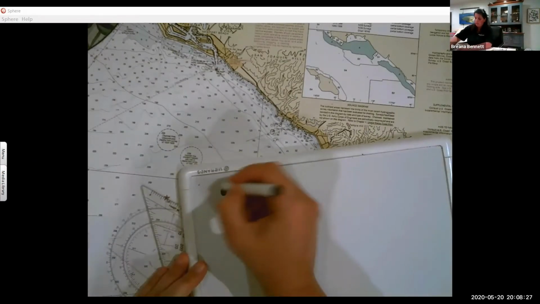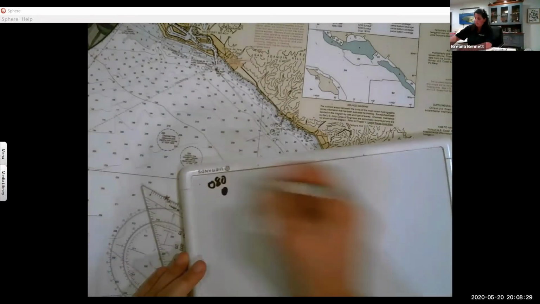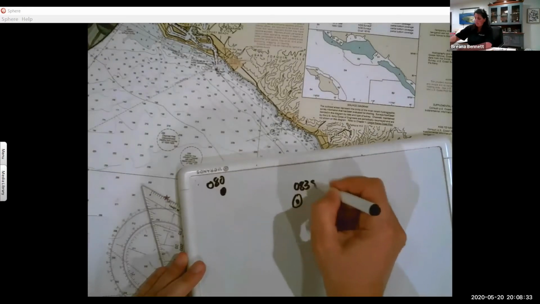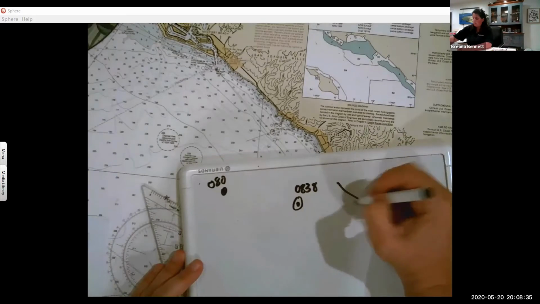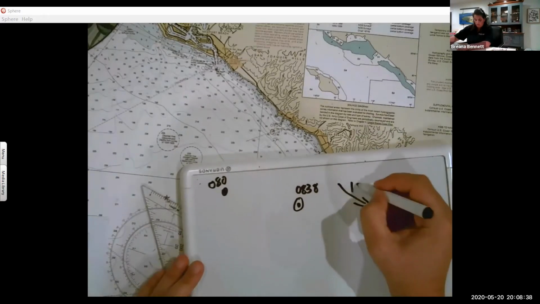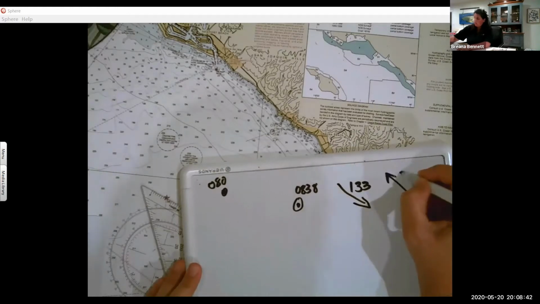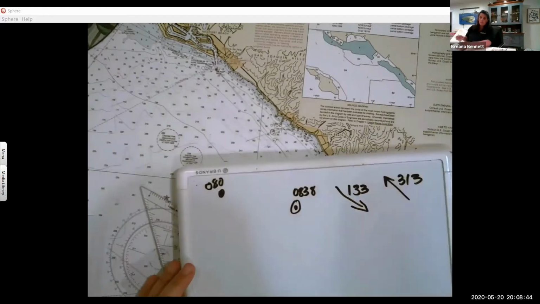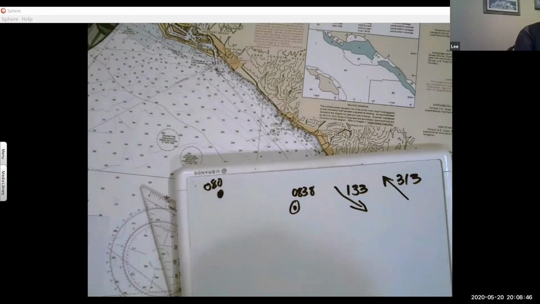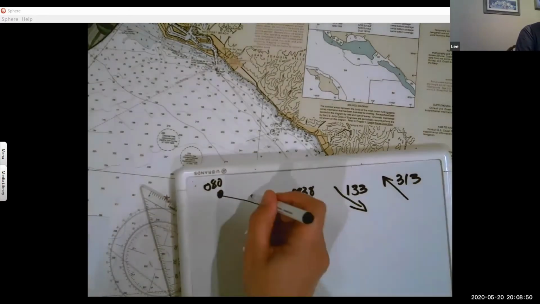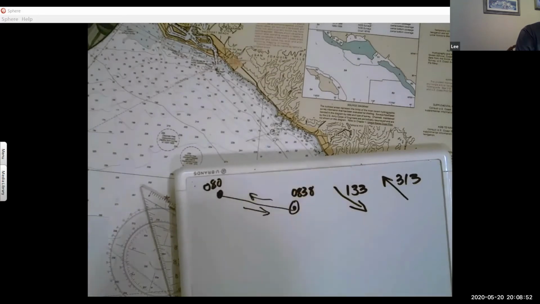So this was our 0838. This direction is 133. This direction is 313. It's the same line. Okay.